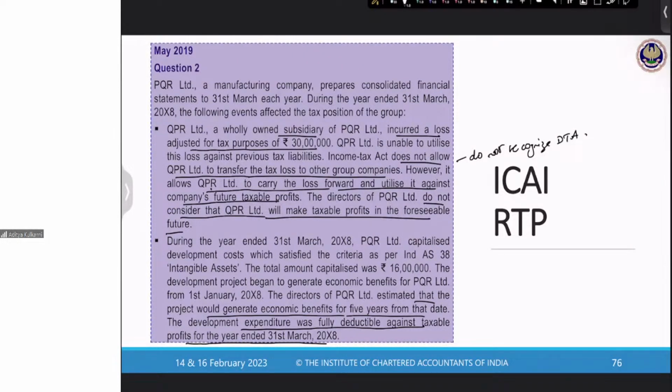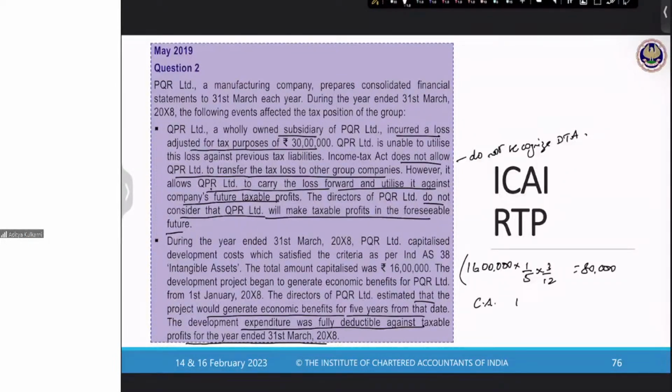See, I am in the year 31st March X8. So now what I will do is take 16 lakhs and depreciate it over 5 years for 3 months. So 16 lakhs divided by 5 divided by 4. 80,000 is the depreciation for financial reporting.